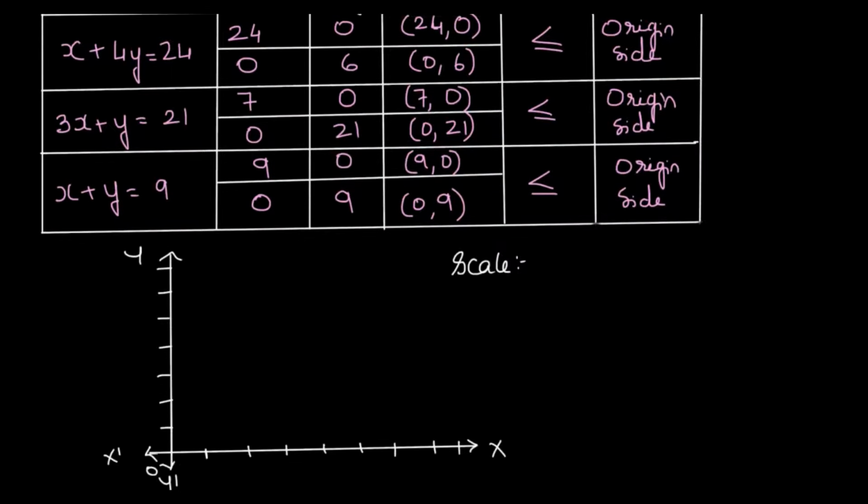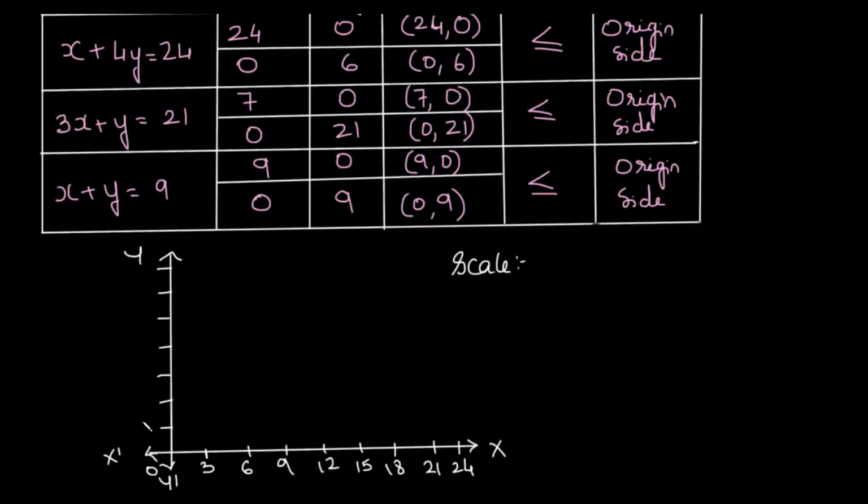Now to draw the graph of this particular line. Let us plot the points and first write the scale over here. As you can see, on the x-axis we have to plot until 24 at least. So we take the coordinates as 3, 6, 9, 12, 15, 18, 21 and 24.